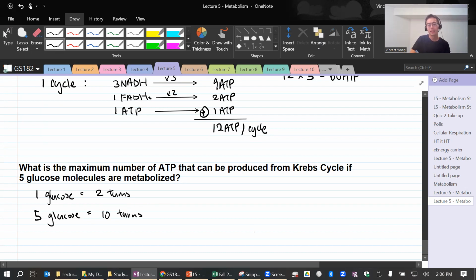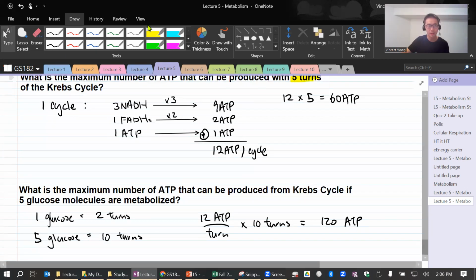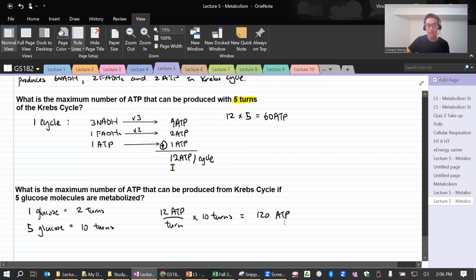Okay. How many ATP per turn? Well, we worked it out last time. Per cycle, per turn is 12 ATP. Multiply by 10 turns, 12 times 10, 120 ATP. Okay? Please familiarize yourself with these questions. They will show up on your tests.